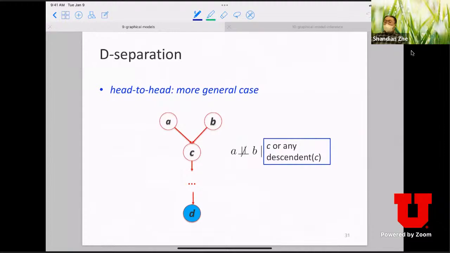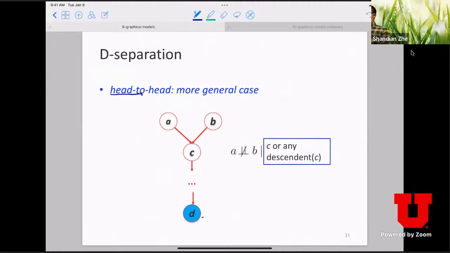So now let us go back to the head-to-head structure. Actually, head-to-head is a more general case. You can show that if C, the direct descendant of A and B, is observed, or any of the descendants of C is observed, then A and B will no longer be independent. It is easy to show that.